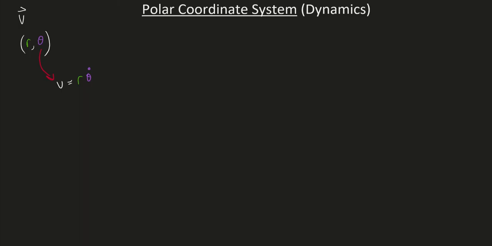Now, of course, we can have some sort of speed due to the changing of r. And let's say that theta can't change. So let's imagine that. Here's our origin, and let's say our particle is moving this way. As we can see, the angle of this particle does not change. It's always on the same angular line. Maybe that might be 45 degrees. What is changing, though, is our r. Our r starts small, but it gets bigger and bigger.